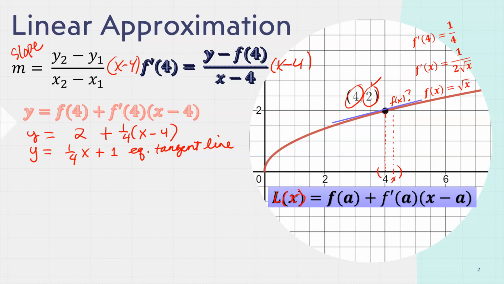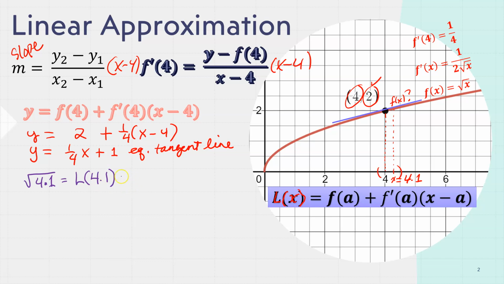For example, suppose x is near 4, like, say, 4.1. We want to know what is square root of 4.1. We can approximate that by the linear function evaluated at 4.1.